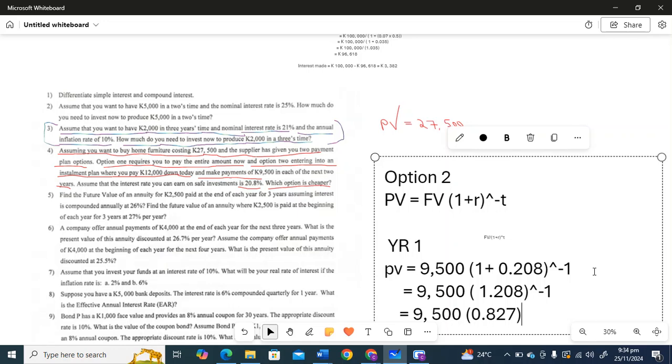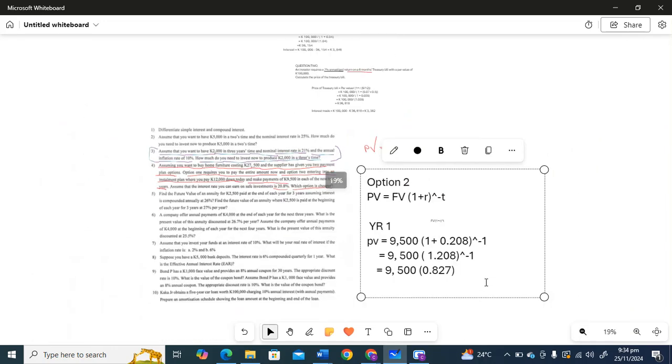So 0.827 times 9,500 is 7,864. So this 9,500 that you're going to pay next year, its value today is 7,864 kwacha.